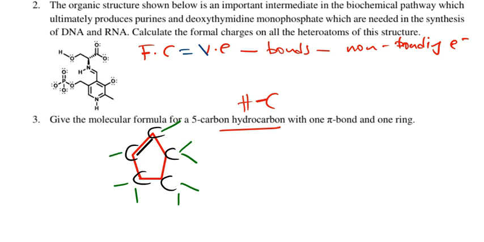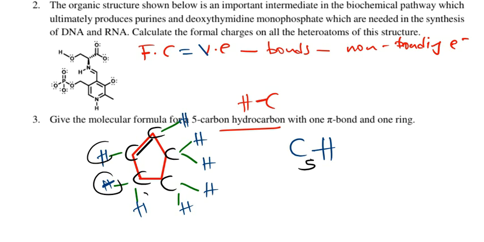So they're already having 4 bonds now. So these are going to be hydrogens. So we've got C, H. How many carbons are they? 5 carbons. How many hydrogens are they? 1, 2, 3, 4, 5, 6, 7, 8. Okay, so that's how you come up with a molecular formula.